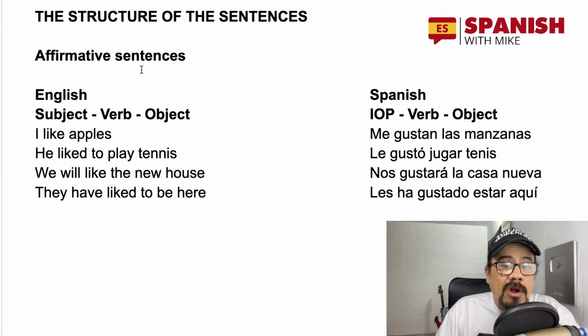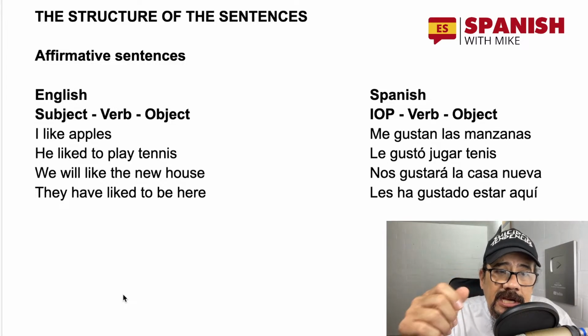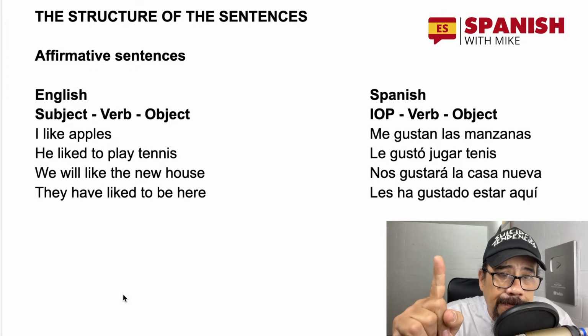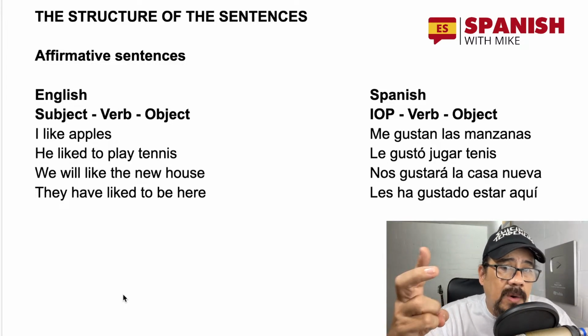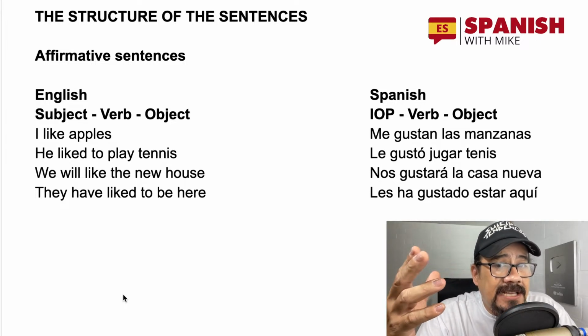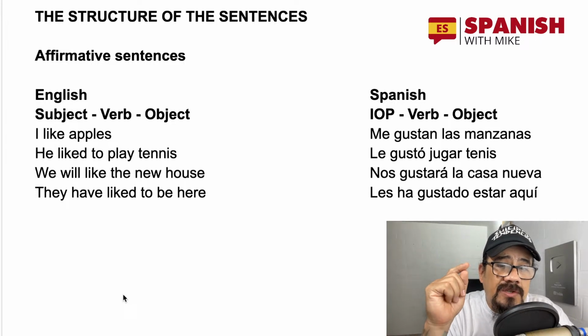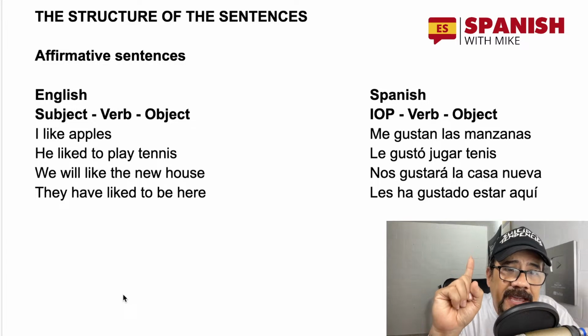So the structures of the sentences we have for affirmative sentences. We have the structure in English and we have the structure in Spanish. Be careful because this is very important in order to master the use of the verb gustar. So when we say in English, I like apples, he liked to play tennis, we will like the new house, they have liked to be here, we are using the structure SVO, subject, verb, object.